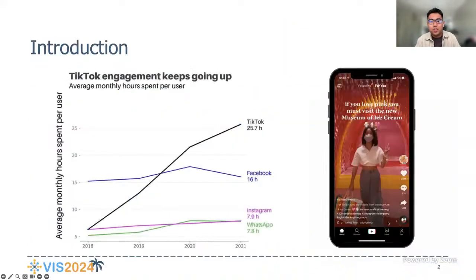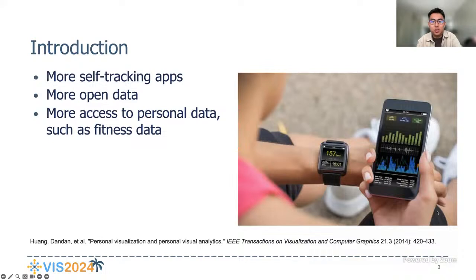Short-form video platforms are getting more and more popular for sharing personal stories, as illustrated in the line chart, and there's also an example of short-form video platforms. At the same time, with more self-tracking apps and open data, people have more access to their personal data, such as fitness data, and also other public data sets.